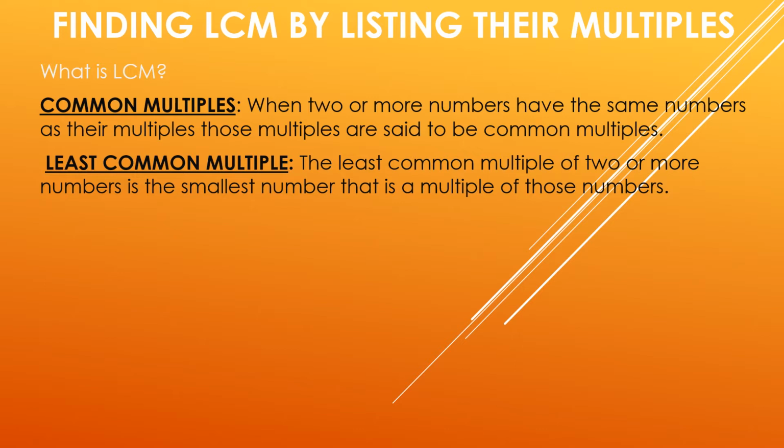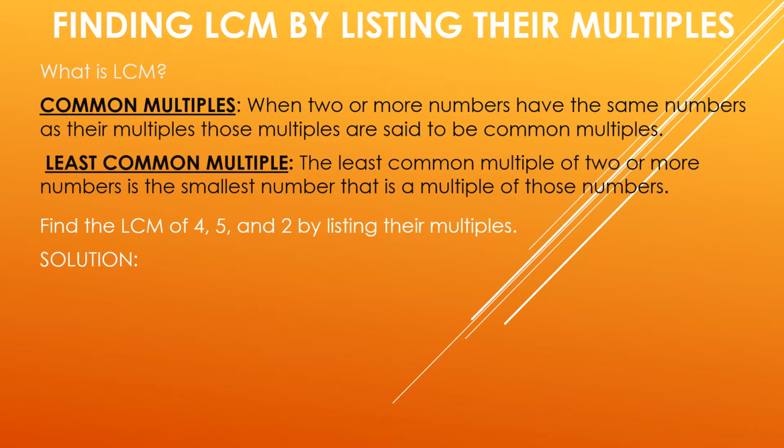To understand it in a better way, let us solve one example. Find the LCM of 4, 5 and 2 by listing their multiples. First, we will write the solution. Everyone knows the tables of 4, 5 and 2. So the multiples of 4 are 4, 8, 12, 16, 20, 24, 28, 32, 36, 40 and so on.